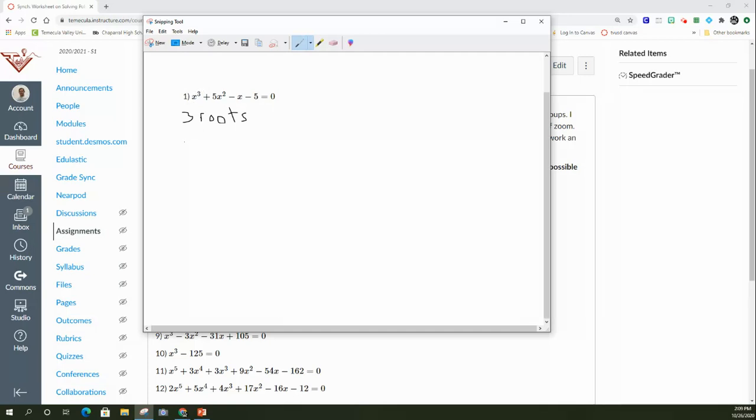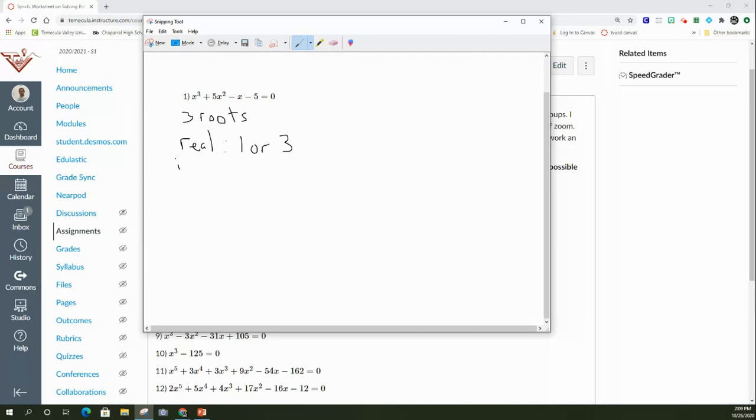how many real roots can there be? Okay, so for real, I know it's going to be either 1 or 3. It can't be 2, because if there was 2 real, that would mean there'd be 1 imaginary, and we know that imaginaries have to come in pairs.